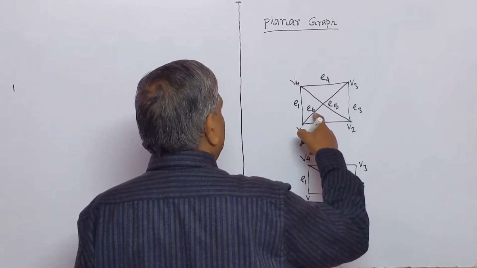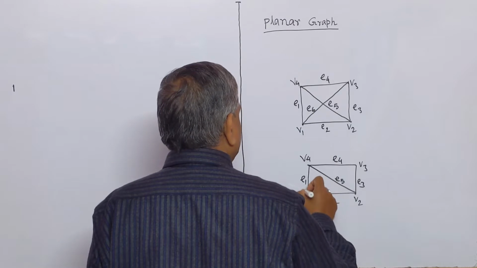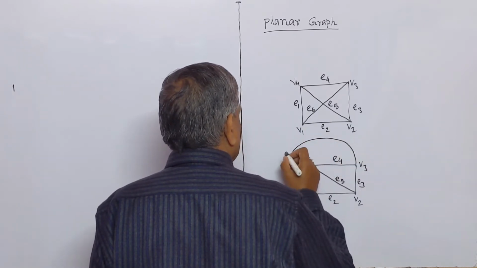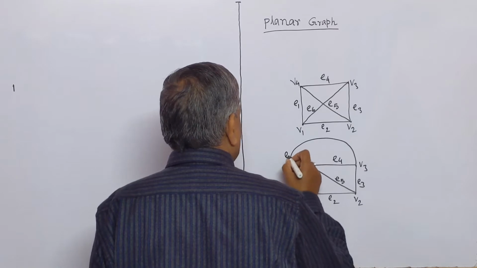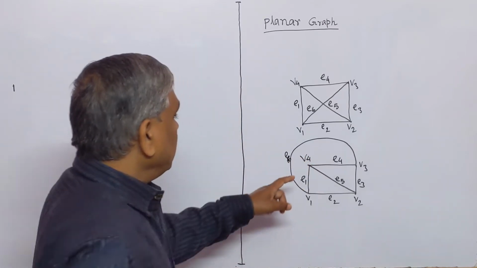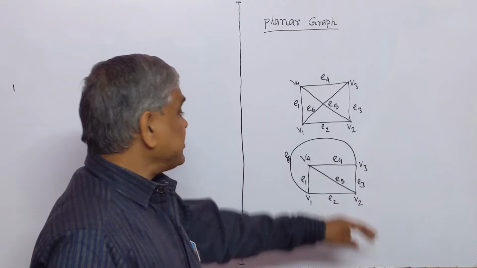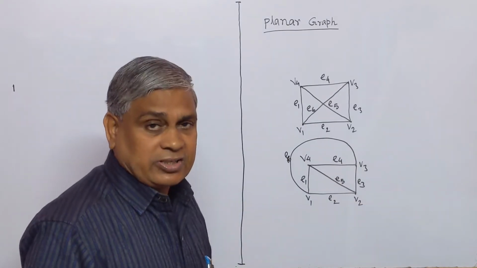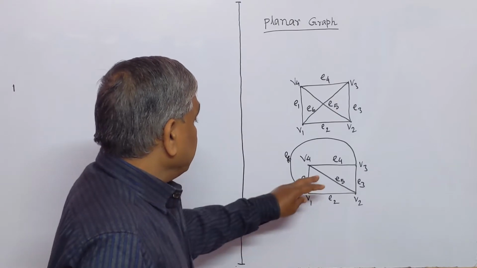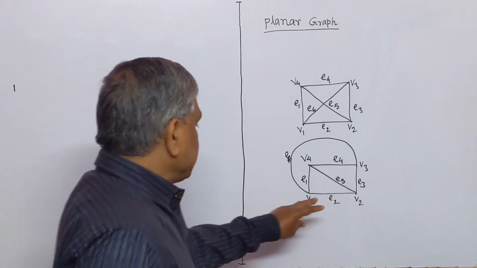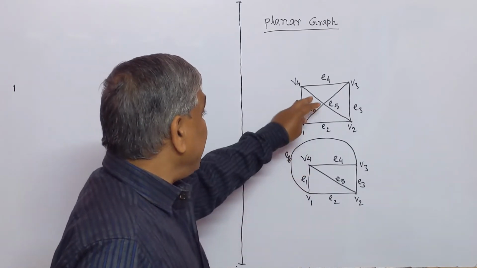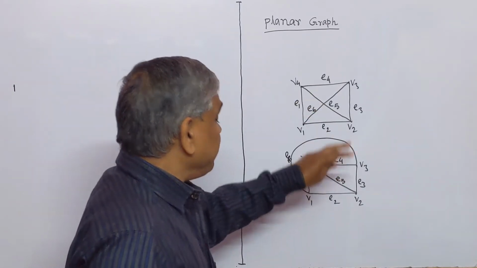If in place of E6, we draw the edge like this, this is E6. Here we see that no edges intersect except at the point of vertices. This is a planar graph. The second graph is an embedding of the first graph.